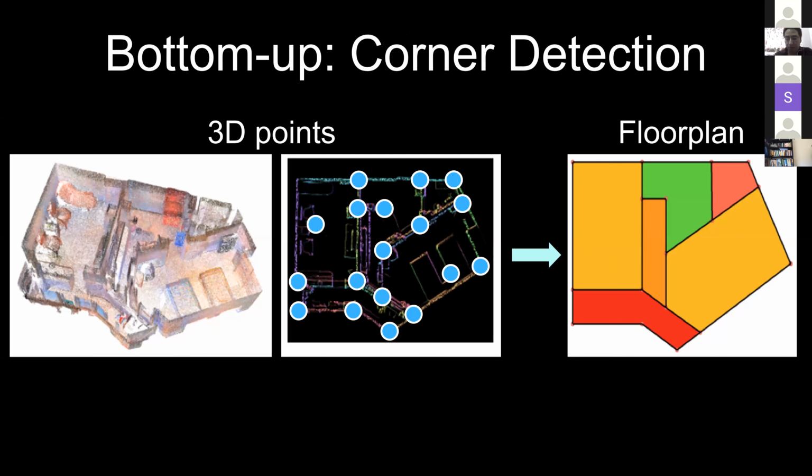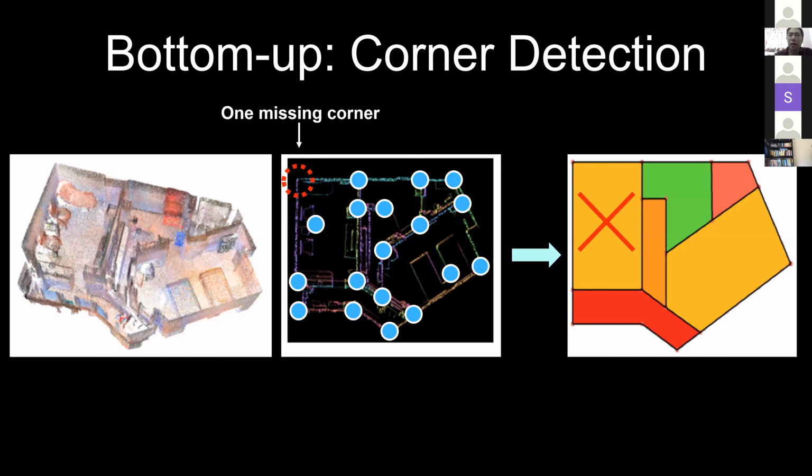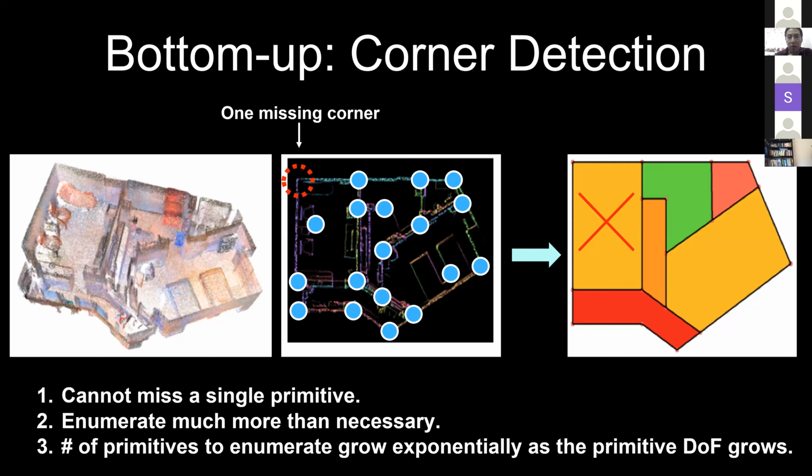That's the bottom-up. The problem is that once you miss one true positive primitive, say you miss a corner, you're going to automatically miss incident edges and the incident room. So the typical fatal flaw of the bottom-up procedure is you cannot miss a single primitive in the enumeration procedure.